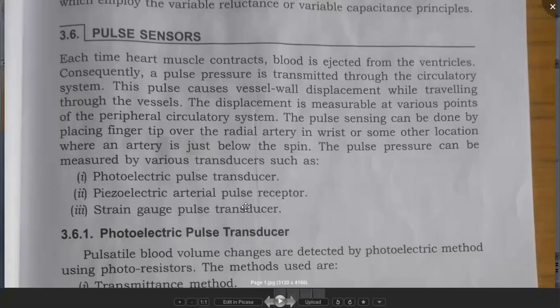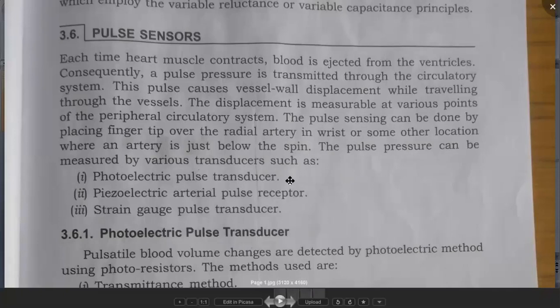There are three types of methods to measure the pulse pressure. If you press the fingers, you will get some pressure variations there, because the heart pumps the blood with some pressure.